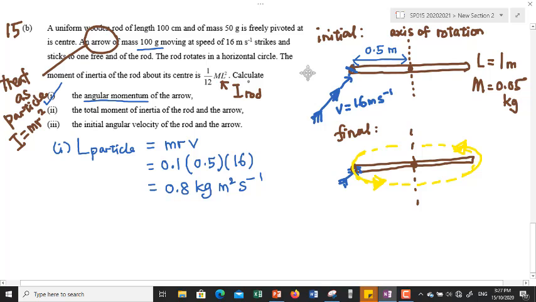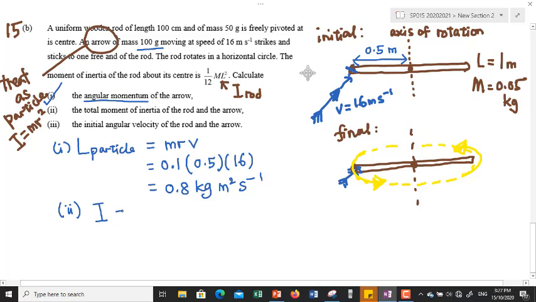Question 2, we want to calculate the total moment of inertia of the rod and the arrow. For this question, we have the rod and then we have the arrow.